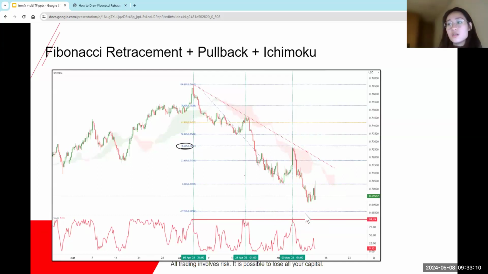So again, we're expecting price to test this level based off our stochastic, also based off the Ichimoku cloud, since it's bouncing off the edge of the cloud, and also because it's in line with our 38.2 retracement.